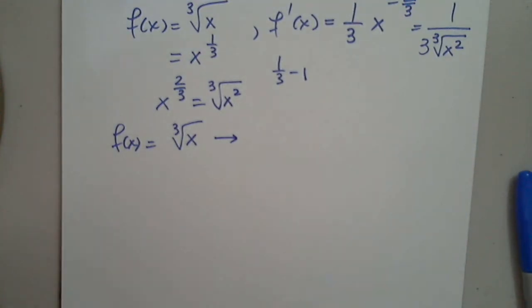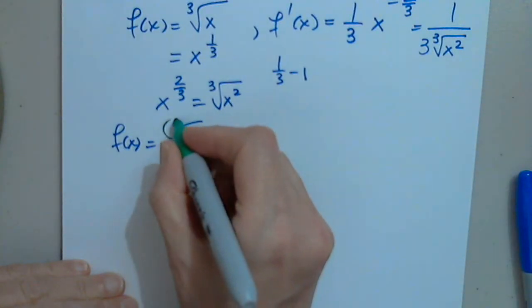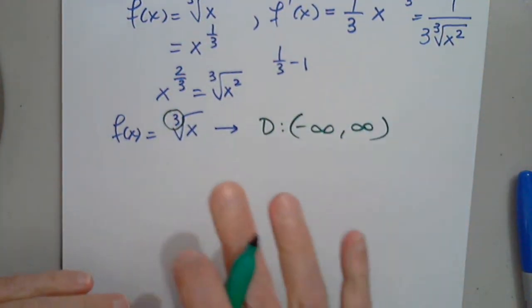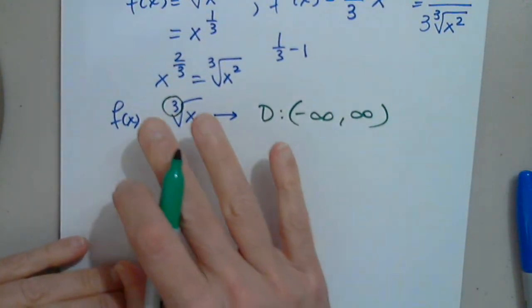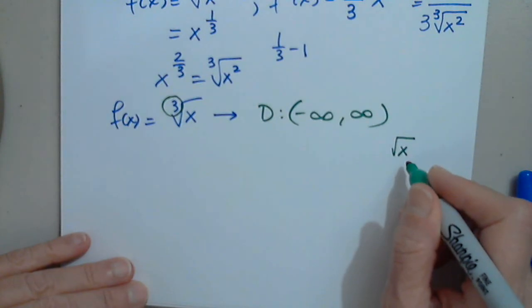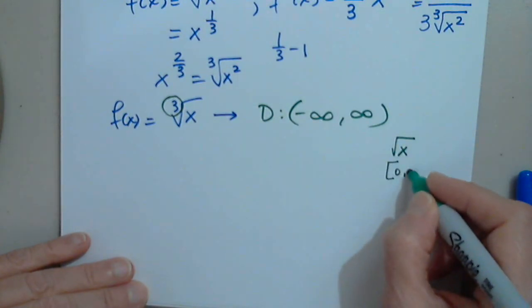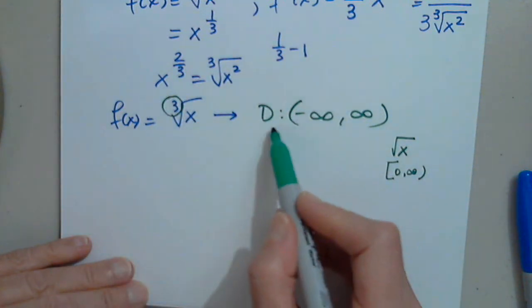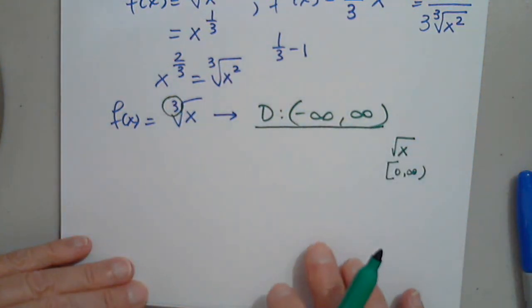All real numbers. Of course. It's the cube root. The cube root has domain all real numbers. If I talk about the square root of x, that's a different situation. The domain is 0 to infinity. But as long as the index is odd, the function will always be defined everywhere.